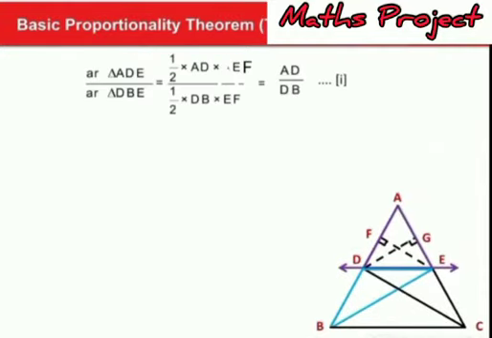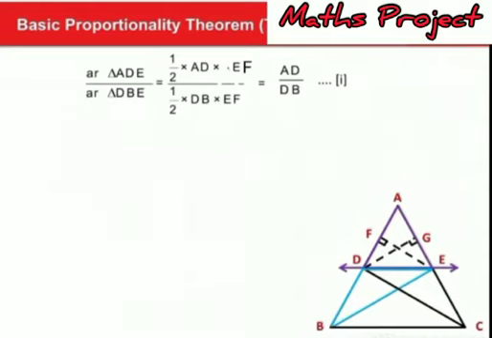So now let's take the ratio of the areas of ADE and DBE. We will write: area of triangle ADE is equal to half into AD into EF divided by area of triangle DBE is equal to half into DB into EF. Now EF and the half will cancel and we will get AD upon DB, and we will make it the first point.